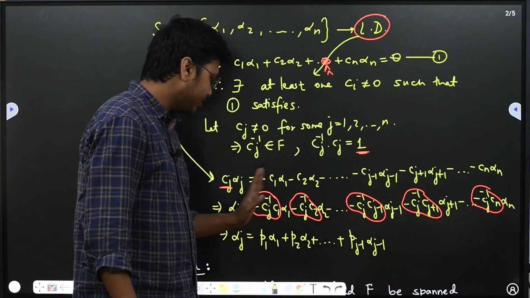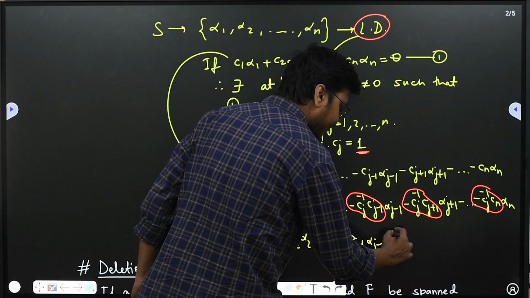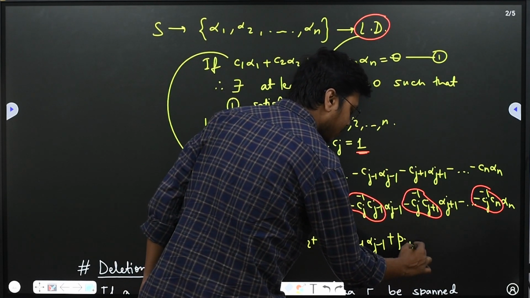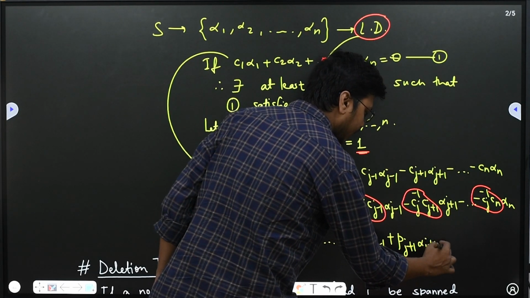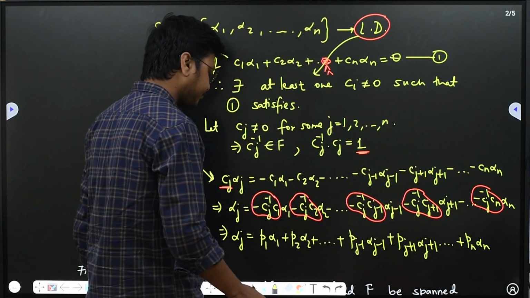The jth element is already on the left hand side, so that would be missing over here. The next one would be Pj plus 1 alpha j plus 1 and so on until Pn alpha n, right?